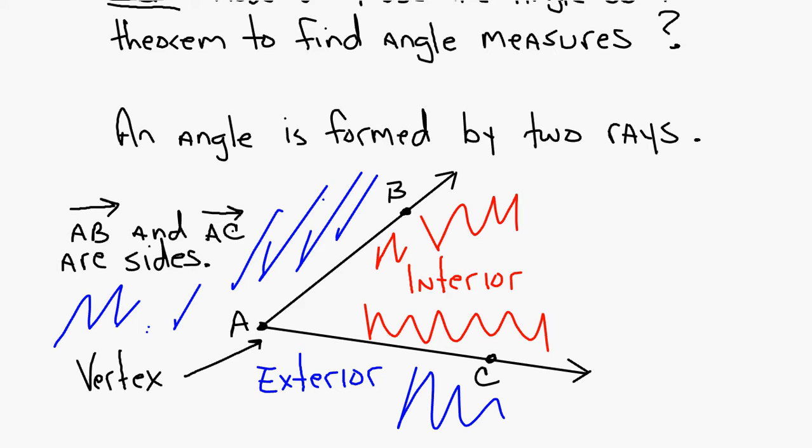Now, in this case, when you're only dealing with one angle in a picture or a graph or a graphic display of an angle, you can name this angle just using the vertex. You could call it angle A. It's the only angle in the picture.